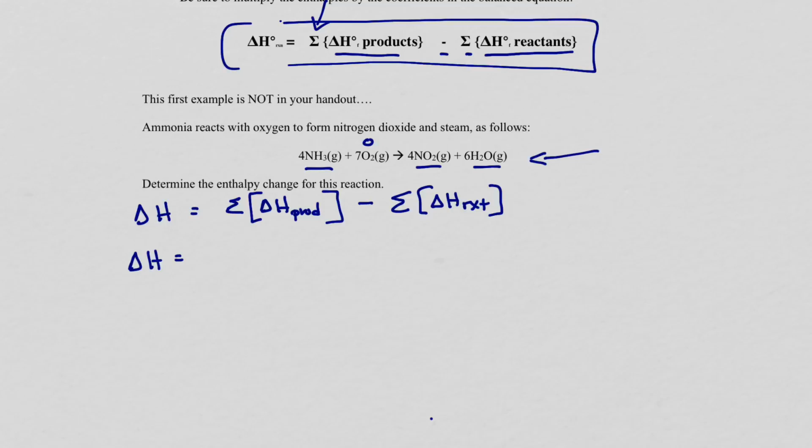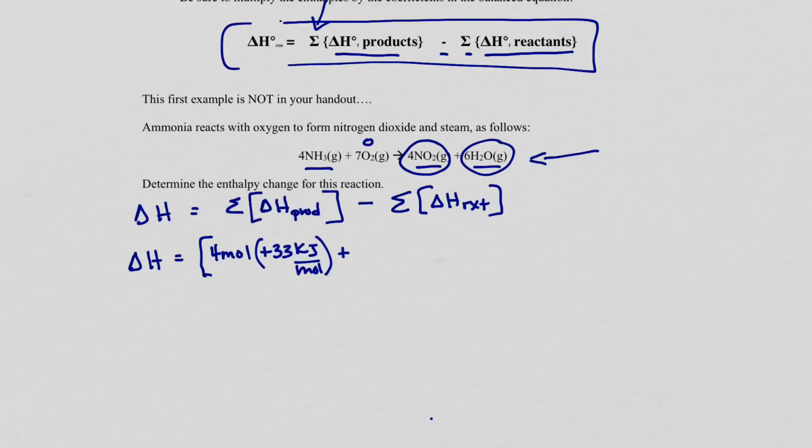Okay, so our first product is 4 moles of NO2. So I'm going to keep my products inside of a bracket, and I'm going to recognize that I have 4 moles of NO2, and I am going to multiply that by positive 33 kilojoules per mole. That was the information that I found in the reference table. And to that, I'm going to add the enthalpy of the water in the gas form.